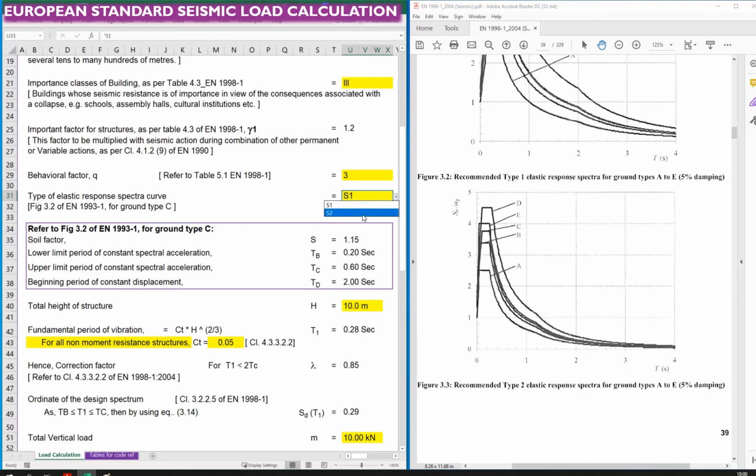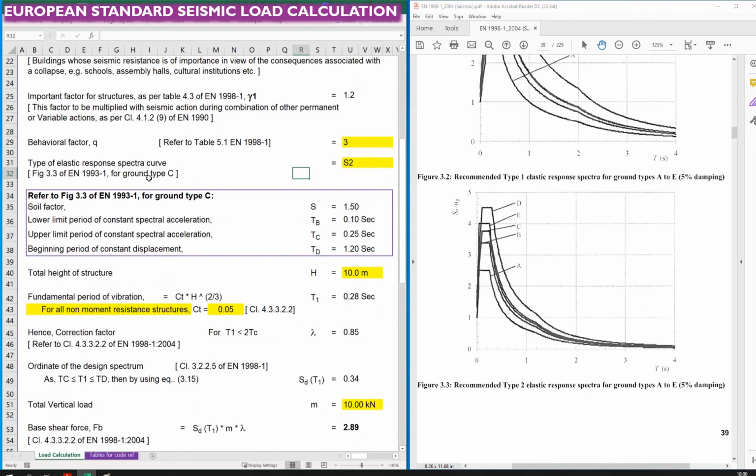We need not refer to the chart or the standard reference for each and every calculation. So for elastic response spectrum curve S2, I am getting S value as 1.5, TB value as 0.1 second, TC value as 0.25 second, TD is 1.2 second.